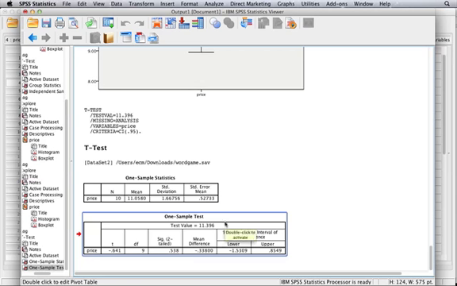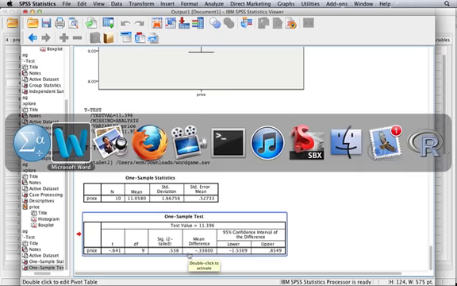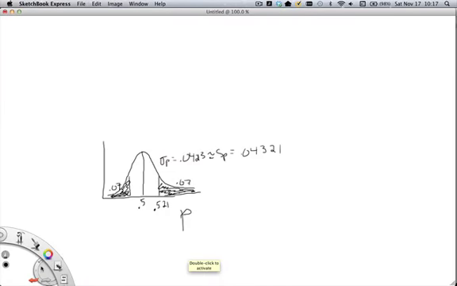The only other thing that would be useful, I think, is for us to discuss where that number comes from. So I'm going to go over to the scratch pad for a second, and let's clear it off. And let's draw the situation.